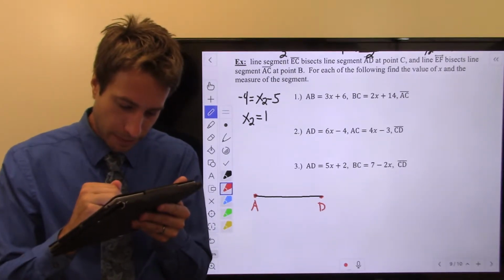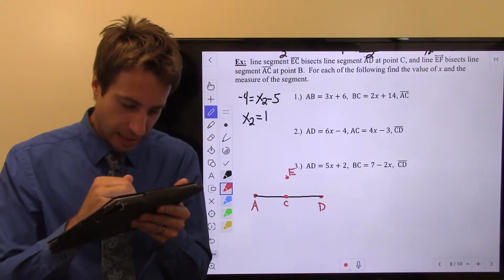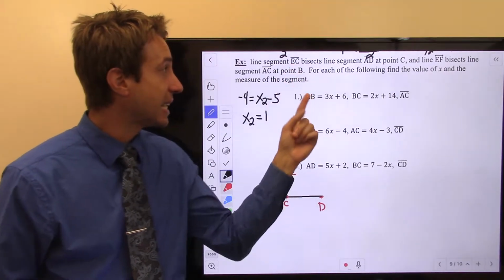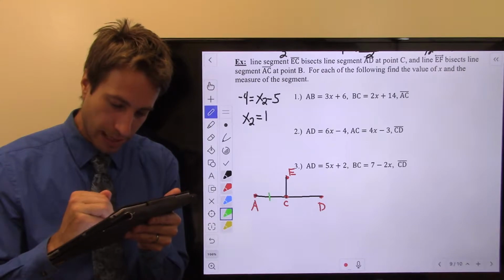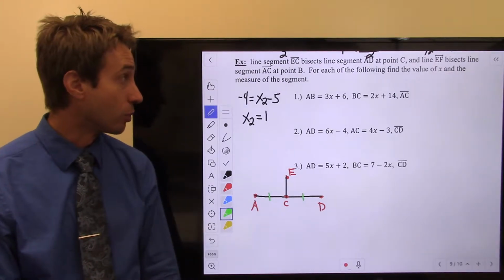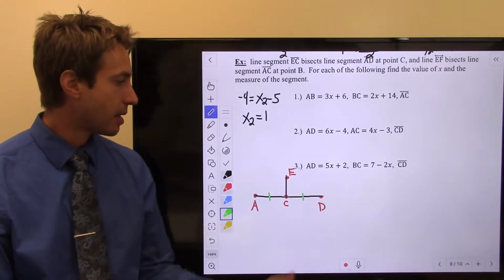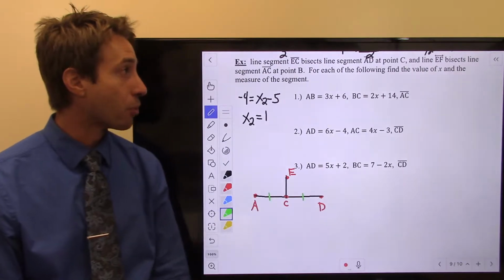There's point C. There's point E. It's a line segment. And I tell you that line segment EC bisects AD. So that means that these two have to be congruent to each other. So these are congruent line segments, and that's because EC bisects AD at point C.